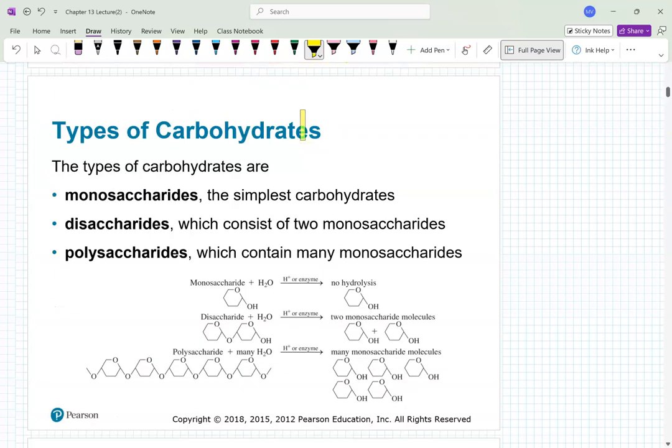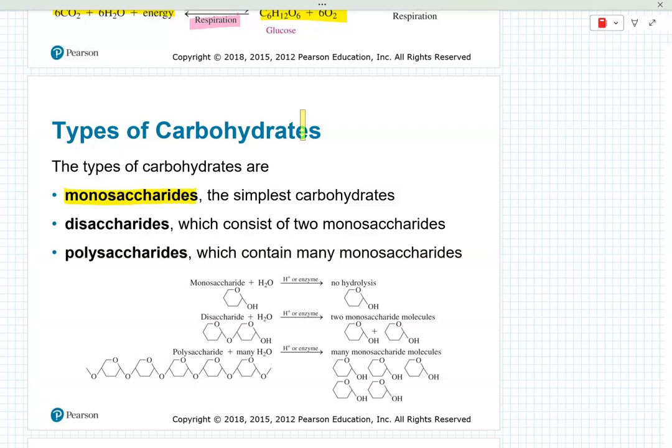So in terms of the types, there are monosaccharides, such as this. If you take a monosaccharide and expose it to certain enzymes or acid, it will have no effect on it.